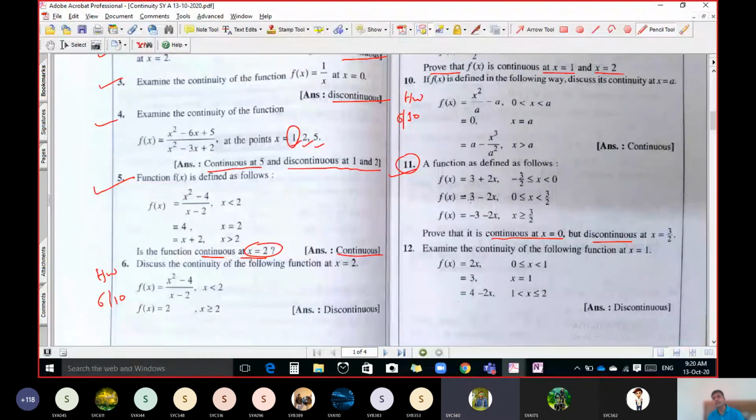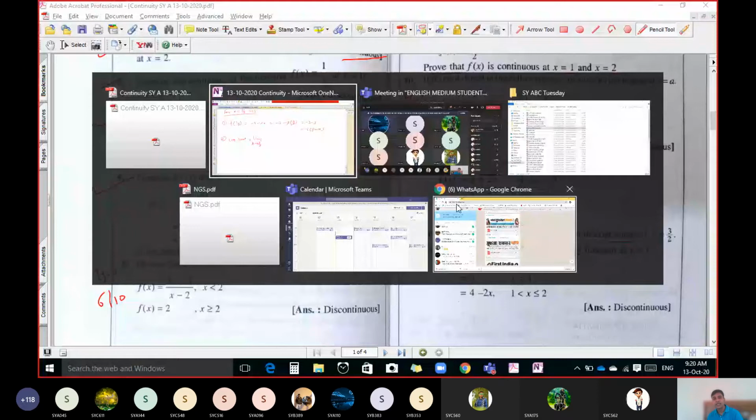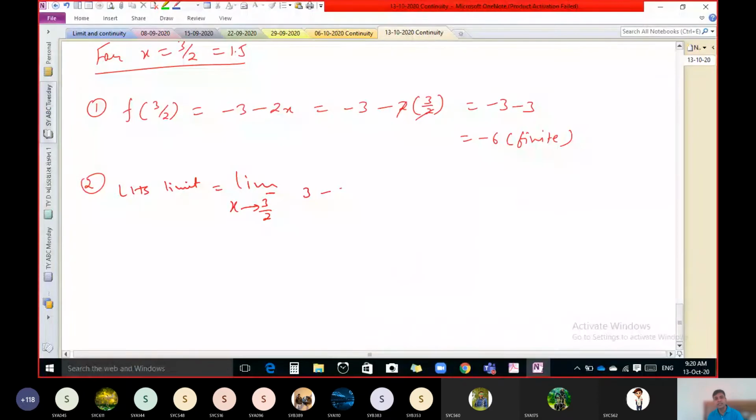The second one, 3 minus 2x. Now put x equal to 3 by 2. So 3 minus 2 into 3 by 2. The 2 cancels. We get 3 minus 3, which is 0. Also finite.